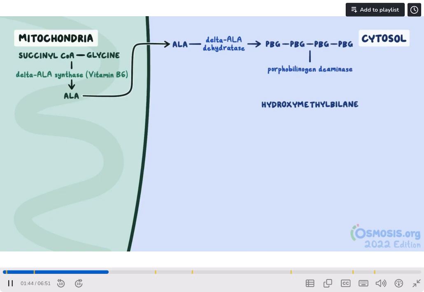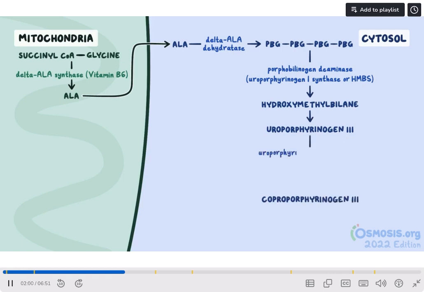Note that porphobilinogen deaminase is sometimes called uroporphyrinogen 1 synthase, or hydroxymethylbilane synthase, or HMBS for short. Afterwards, hydroxymethylbilane is converted to uroporphyrinogen 3, and catalyzed to coproporphyrinogen 3 via uroporphyrinogen 3 cosynthase and uroporphyrinogen decarboxylase, respectively.